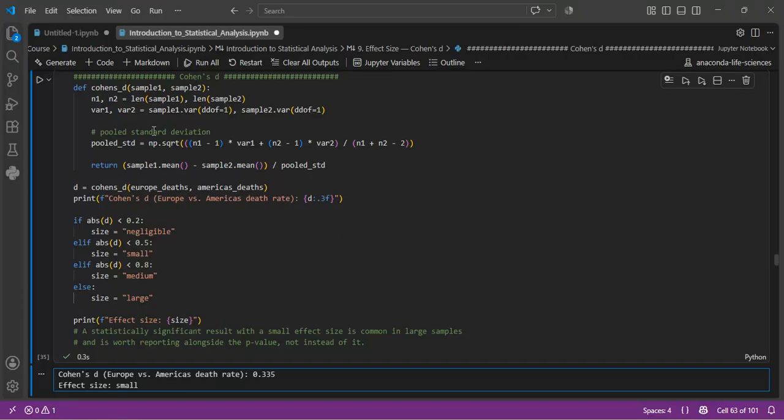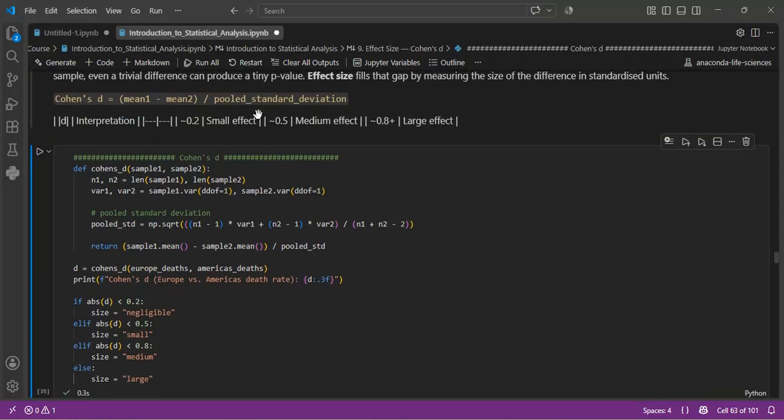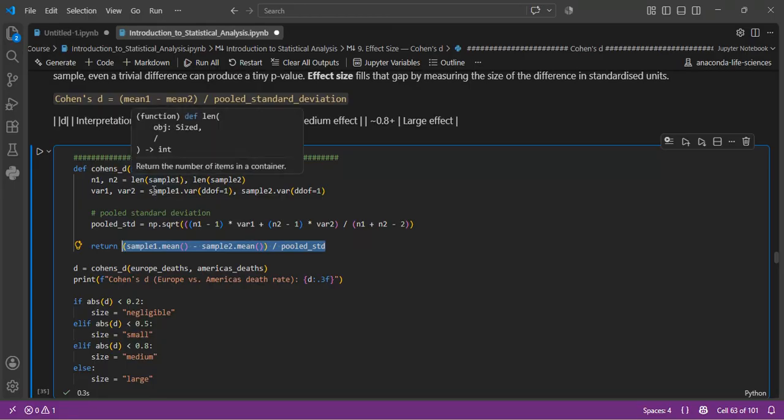And here it uses this particular equation to calculate. To implement that calculation, instead of manually inputting everything, we just create a function that takes your sample 1 and sample 2, which represent your columns, and then calculates the length of them, their variance, as well as their means to calculate Cohen's d.